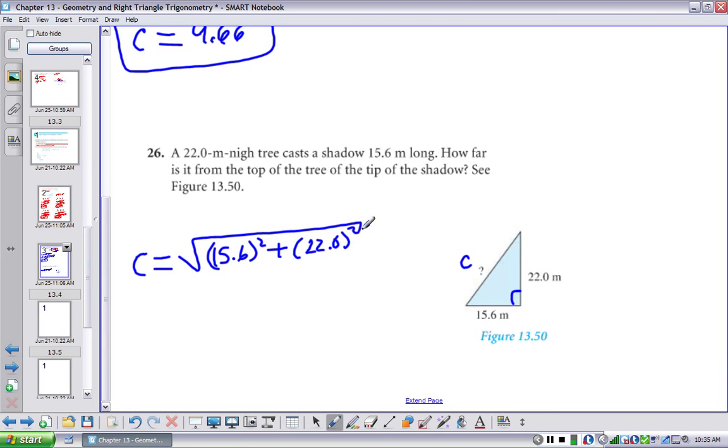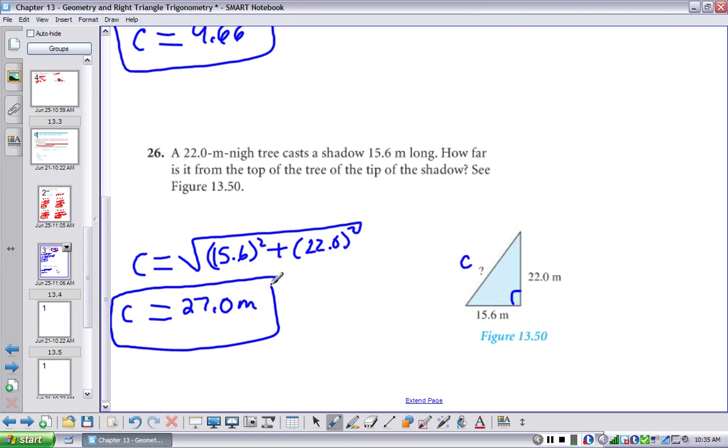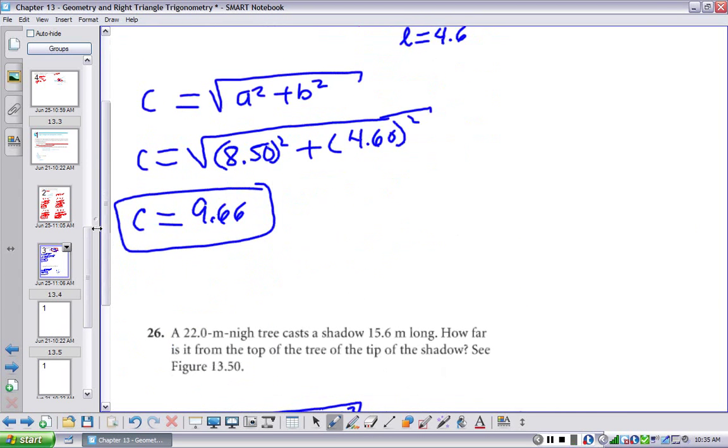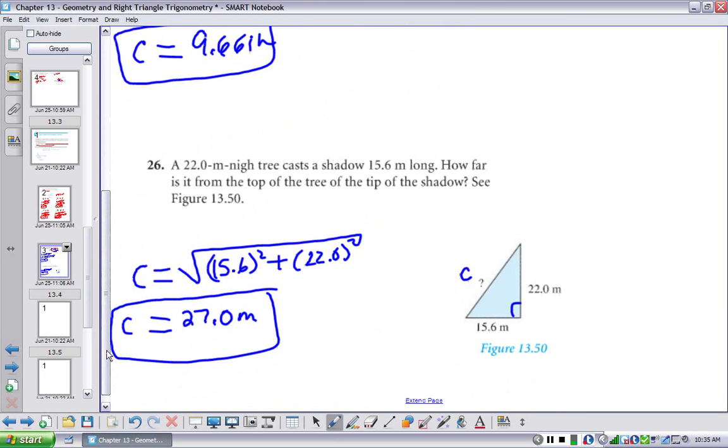They're giving us these in 3 significant digits, so you may want to put your answer as 27.0 meters. You may not want to leave your units off. I'm not sure if the online homework would count off for you not putting your units there.